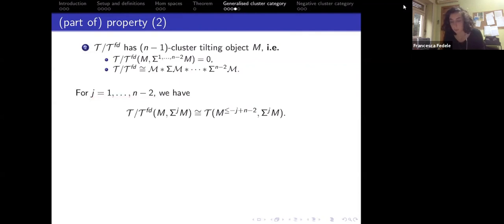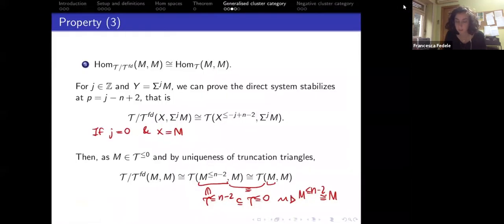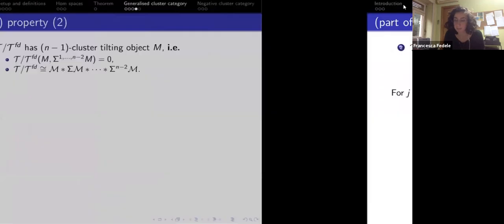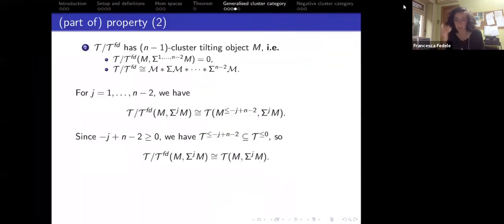And then again, by using this special case of when Y is equal to a shift of M, we know that we have this isomorphism, just exactly as before. Then for these choices of j, we know that minus j plus n minus 2 is positive. Well, it's at least 0, which means that T less than or equal to minus j plus n minus 2 has to be inside this T less than or equal to 0.